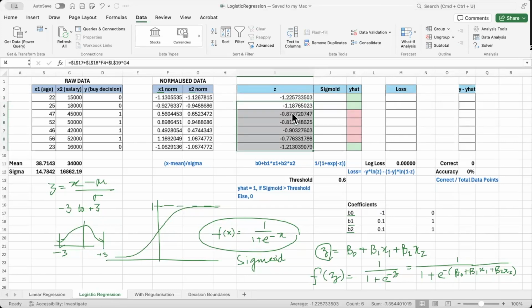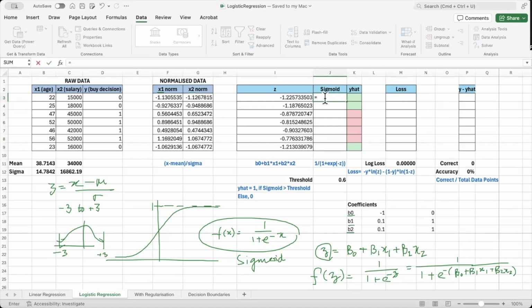So the values of z are now available. Now, based on this value of z, I can find the sigmoid. The sigmoid is nothing but 1 divided by 1 plus exponential of minus z. So I calculated this for all the data points.